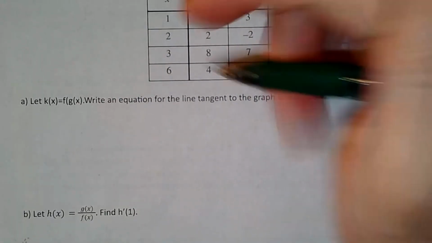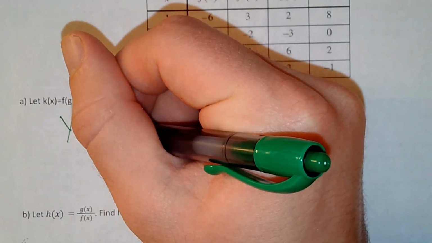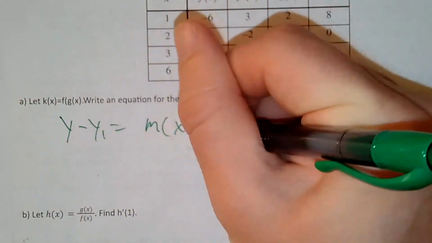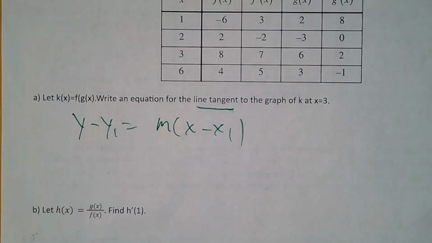So whenever you see line tangent, you should be thinking in your head that equation that we learned way back when, which is y minus y1 equals m times x minus x1. That should be ringing around in your head whenever you come across a problem that's talking about a tangent line. Now we are just here to find the values.